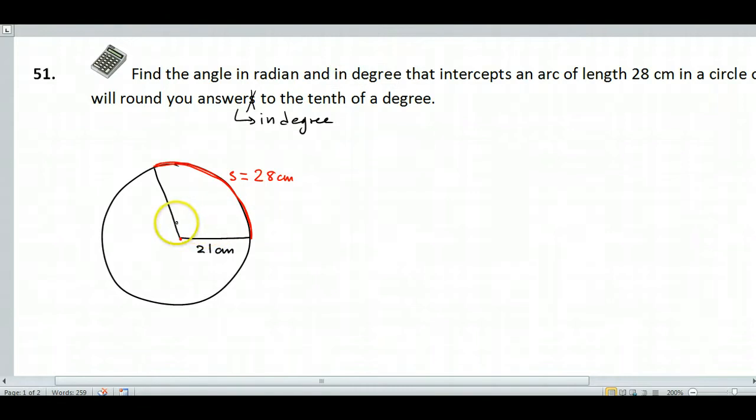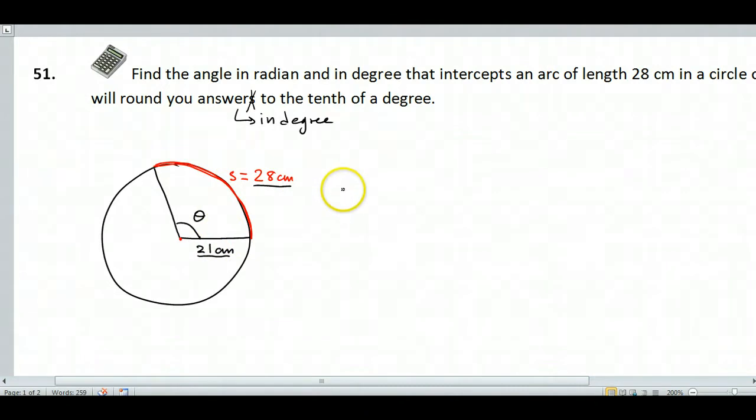Well, an angle in radian, let's call that theta. The measure of an angle in radian is a number that indicates how many radii you can place inside the intercepted arc. How many radii can I place right here, right? So to find the number of radii inside the arc, basically you have to find how many 21 there are in 28, right?